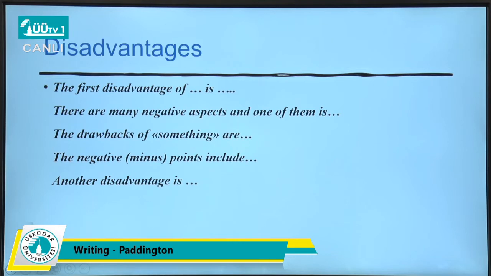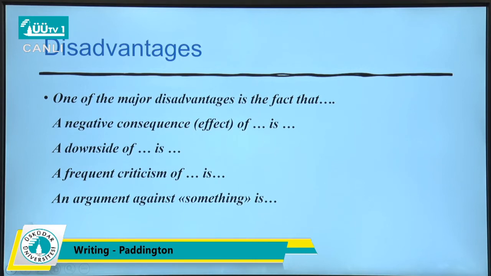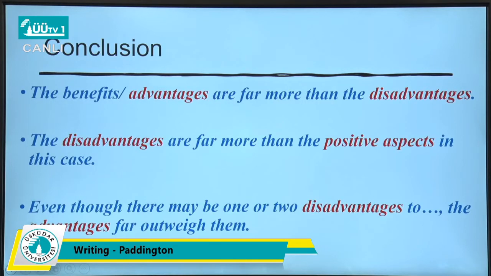In the next disadvantages paragraph, use some different expressions. For example, one of the major disadvantages is the fact that. Use different expressions to make your writing more attractive and dynamic. All right, these are all about expressions here, and let's go ahead with the conclusion.